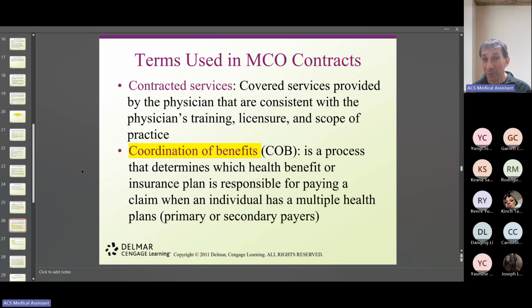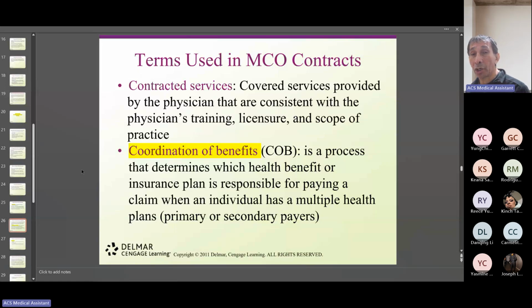So that's my secondary because I have my own insurance. So I'll put my wife's so I can pay less. No, that's not how it works. The insurance immediately rejects that claim because you sent the wrong insurance or mixed them up, whether intentionally or unintentionally. They're not going to pay.